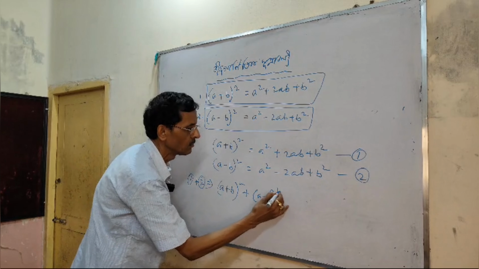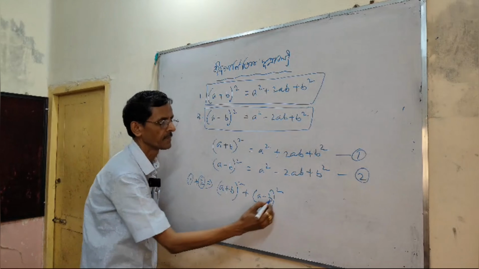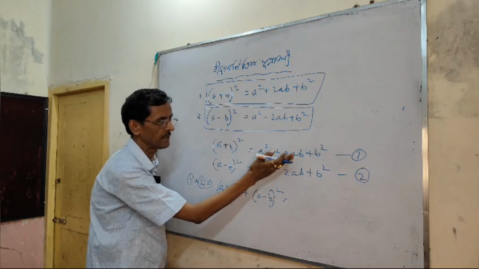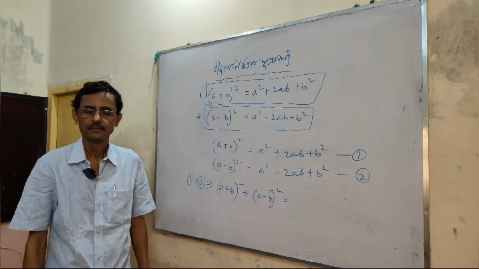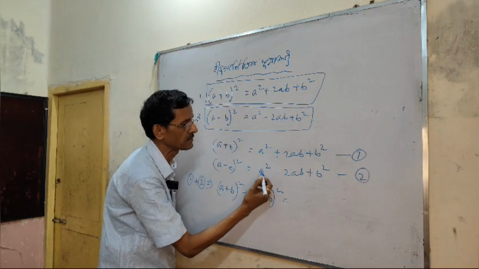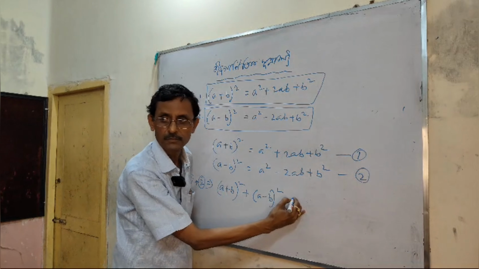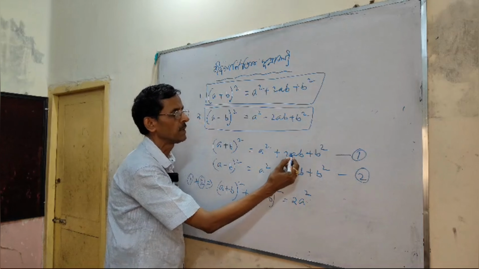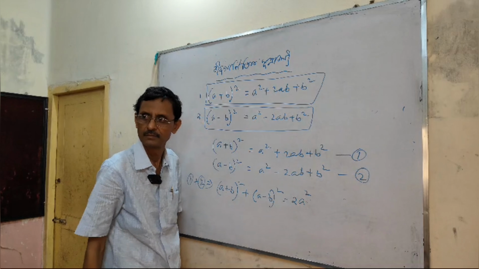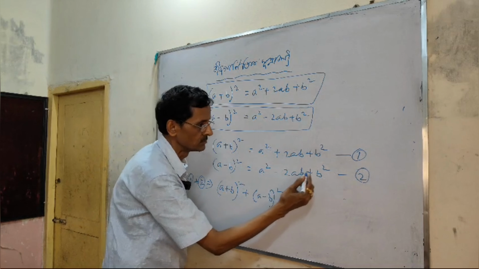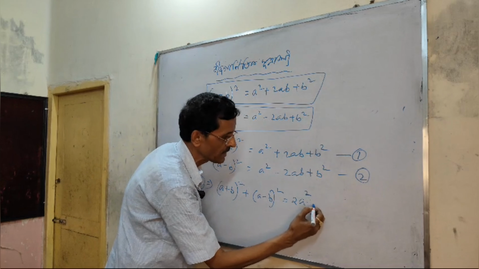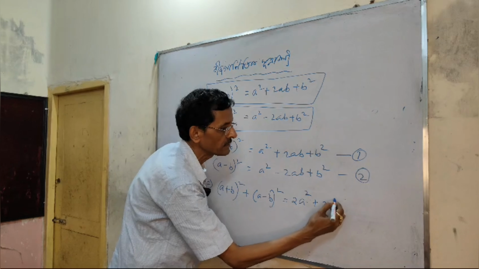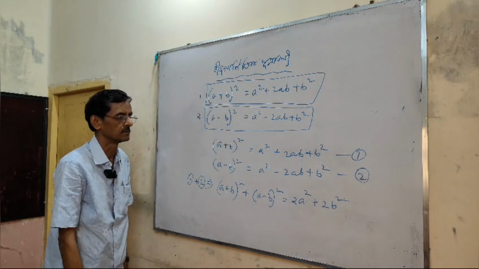Then these will be added. That is a square plus a square comes to 2a square, plus 2ab minus 2ab cancel out. Then plus b square plus b square, that is 2b square.